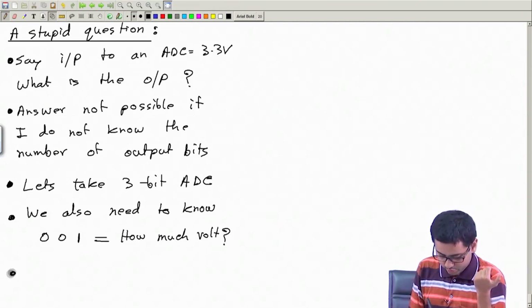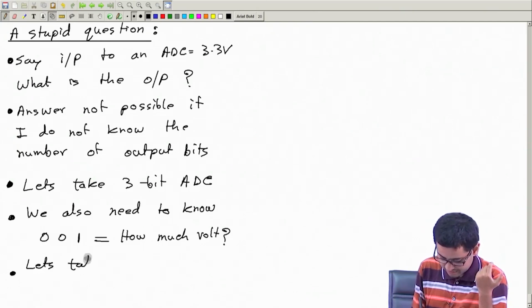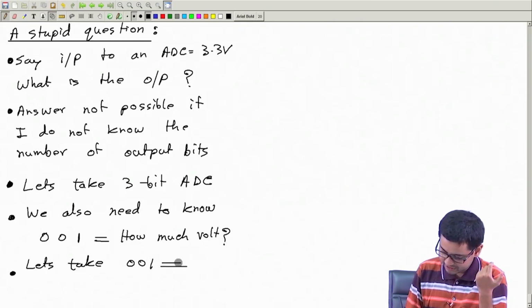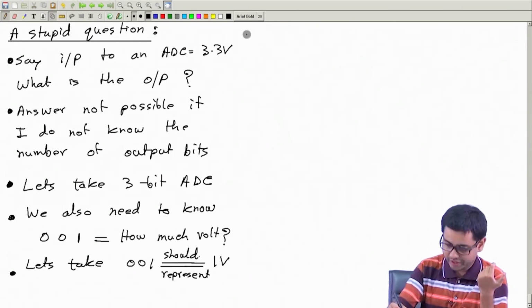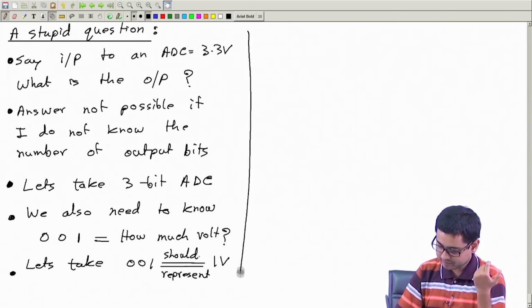Okay. So, now if I say, okay, let us take 001 should represent 1 volt. Okay, now I can tell you the answer.